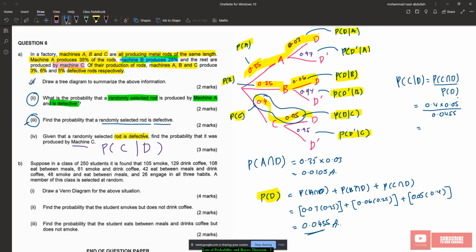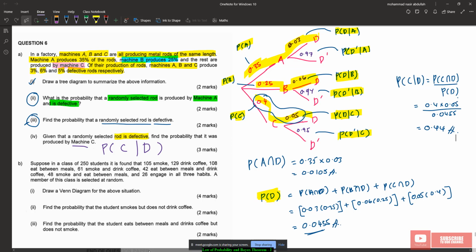So you can get the probability of C given D. Can you understand? So what is the answer? 0.44. Yeah. Okay, good.